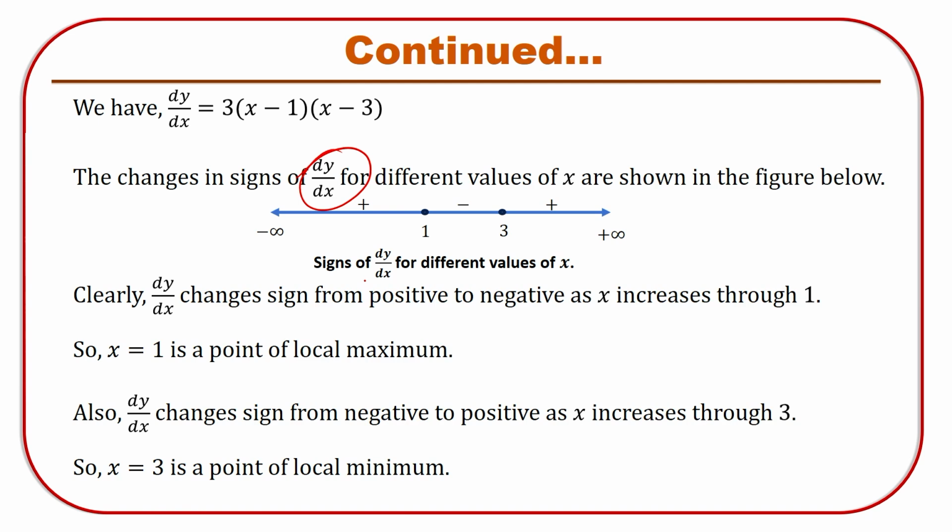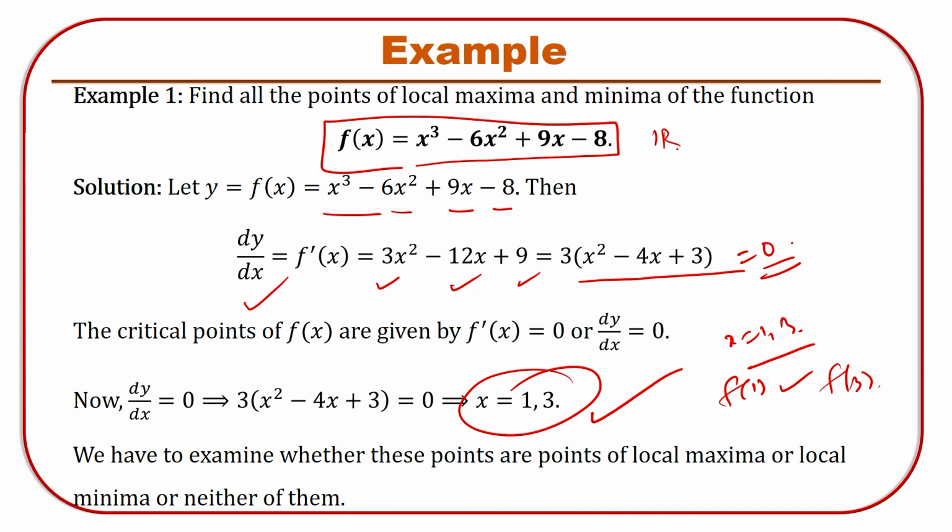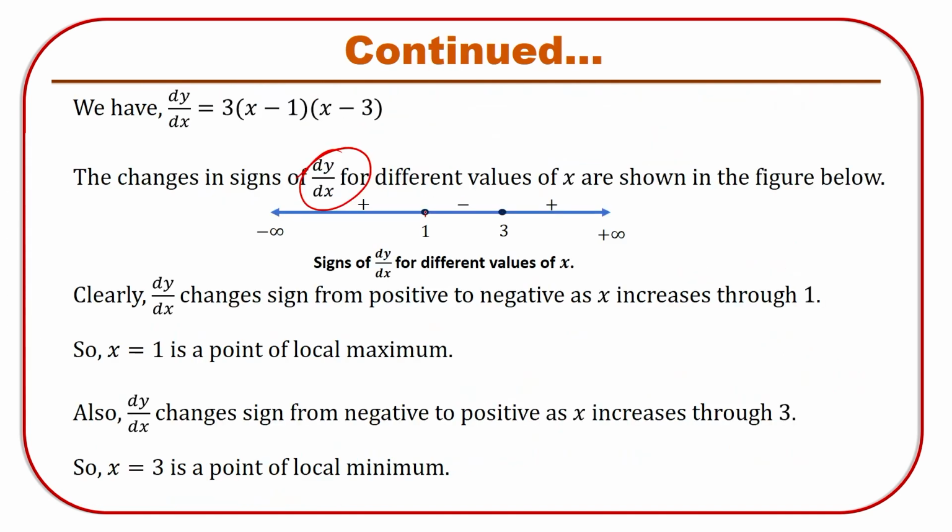So, how does dy by dx change between 1 and 3, since the domain is the whole real number. We have 1 and 3 as the critical points, and we have to check y dash or f dash of x in these intervals: minus infinity to 1, 1 to 3 and 3 to infinity.